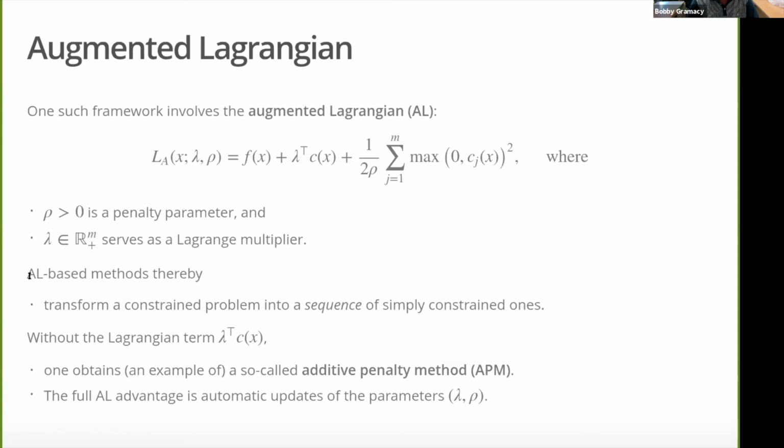So the augmented Lagrangian methods transform a constrained problem into a sequence of unconstrained ones, or they would say simply constrained ones, because we're still constrained by the study area that we're willing to search in. You can drop the Lagrange multiplier term if you want. You can drop the 1/2 rho if you want. And you get the intuitive idea of the additive penalty method approach.